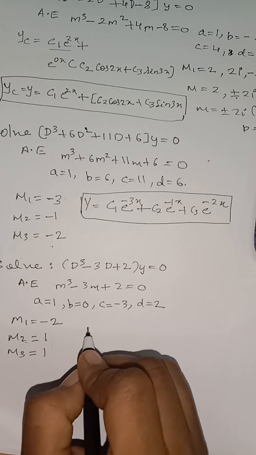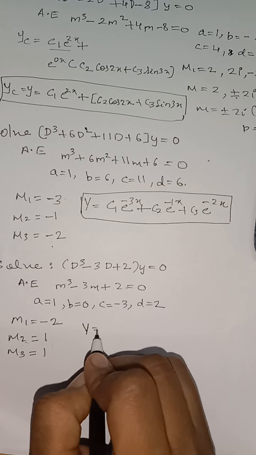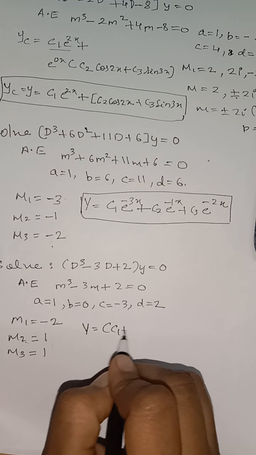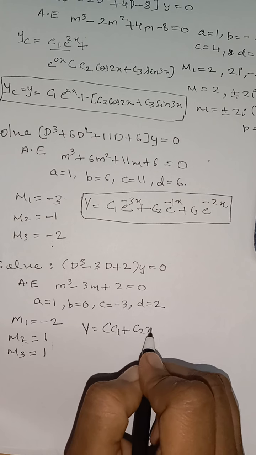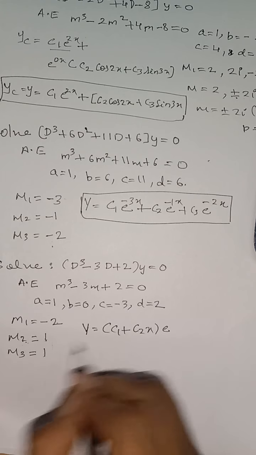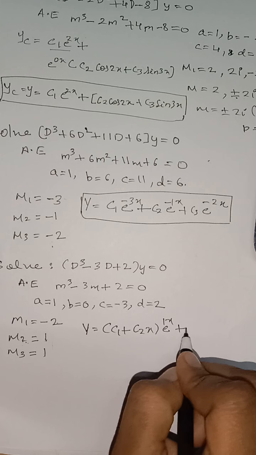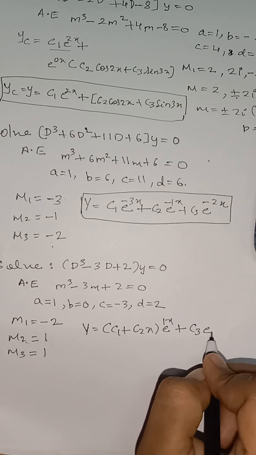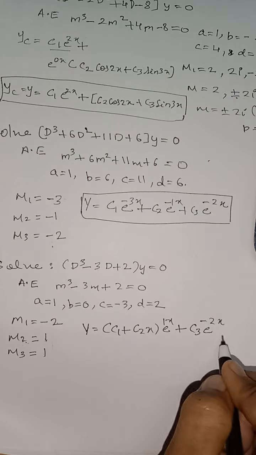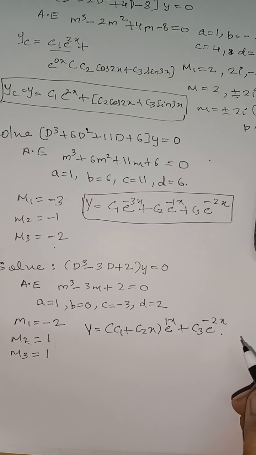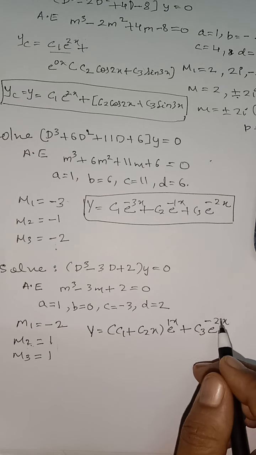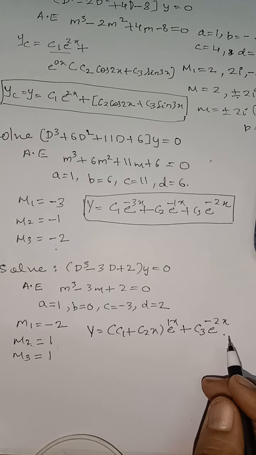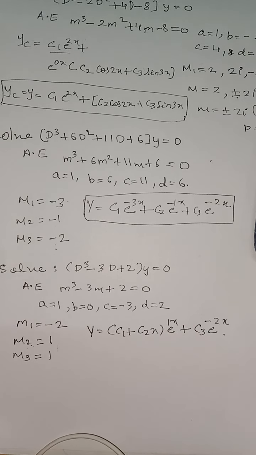The complementary function y is given by c1 plus c2x into e raised to 1x plus c3 into e raised to minus 2x. Right? Is it clear how to operate with the calci? From these 3 examples, you can make out how to use the calci and find the roots of a cubic equation.